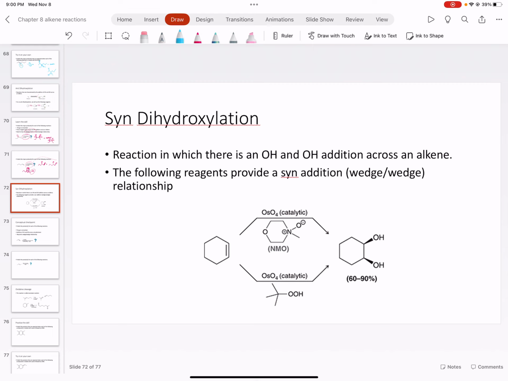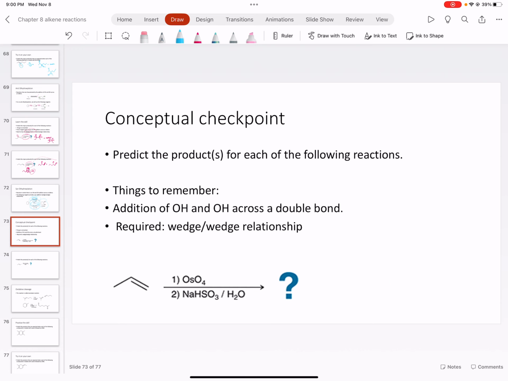Meaning, if we were to get these reagents, I would also put this in your notes. If you were to get these reagents right here, specifically this one, instead of an anti, I will get a syn addition, which will be wedge and wedge.